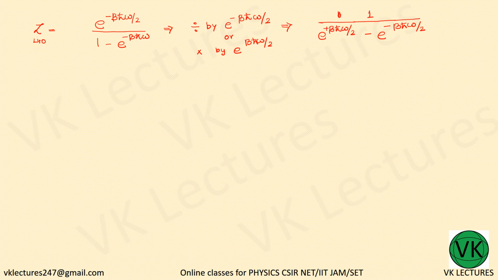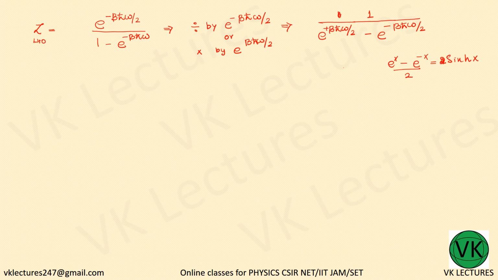Now e to the power x minus e to the power minus x, divided by 2, is sine hyperbolic x. Now we have here 2 sine hyperbolic x.